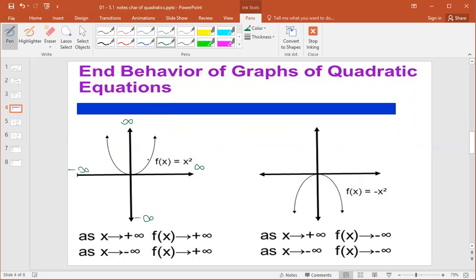So since this is going up, it is going towards positive infinity. The second line says, what happens if I am over here at negative infinity? Where's the closest side of this parabola? It is right here. And which way is it going? Is it going up or down? You can see this is going up. So both are positive infinities here.